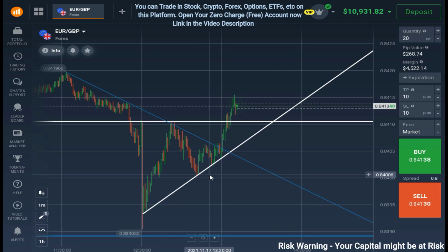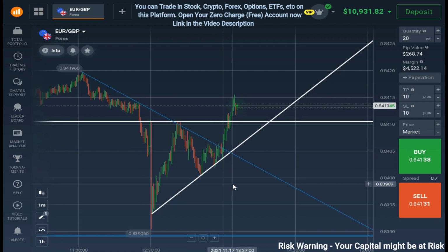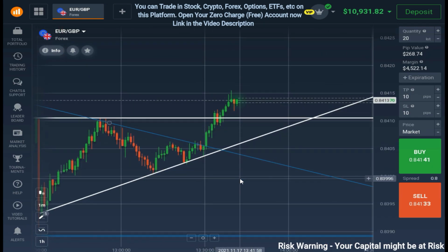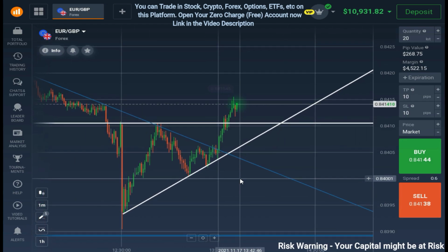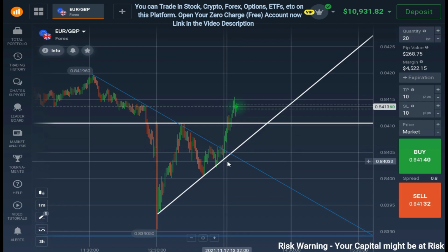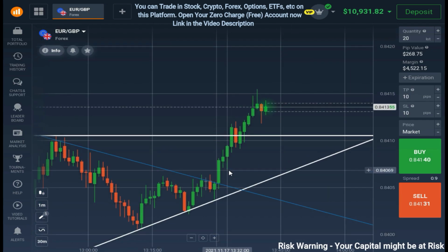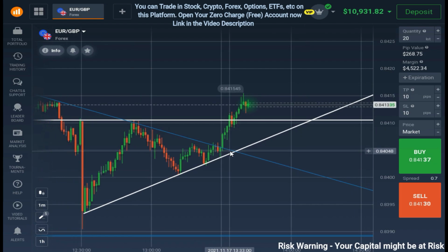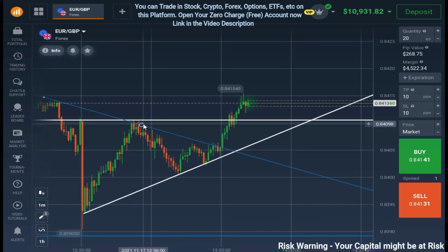I also analyzed the 5 minute chart and found out that there is also a trend line breakout. So all in all, everything was going in our favor. This trend line was also a good level of resistance, and it has been broken by a strong candle. But this was not the major concern for me. Why?